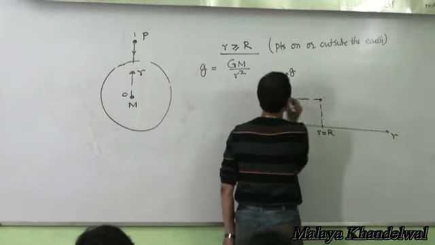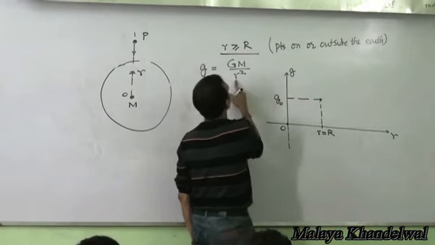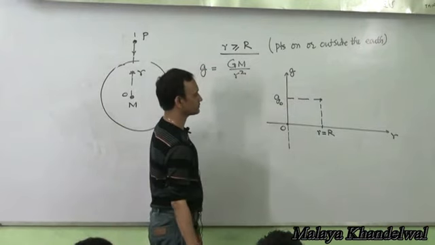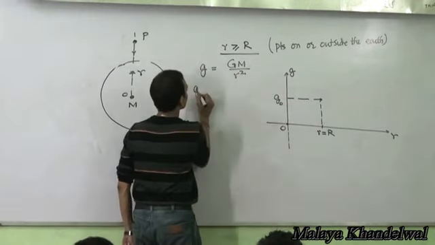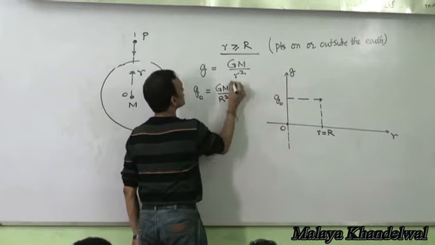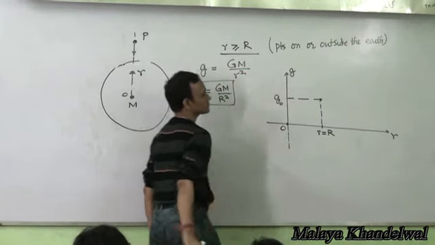The acceleration due to gravity on the surface of the earth, let's say, is g naught, which is GM by capital R squared.